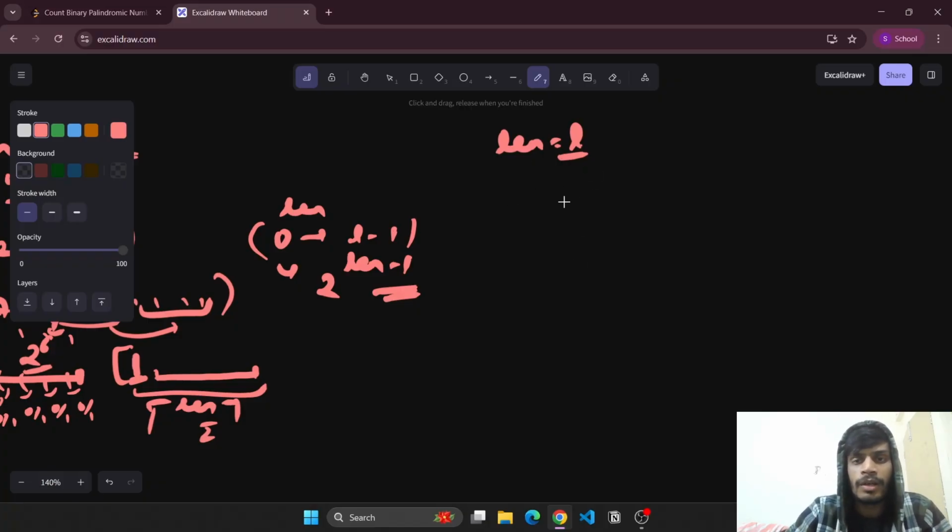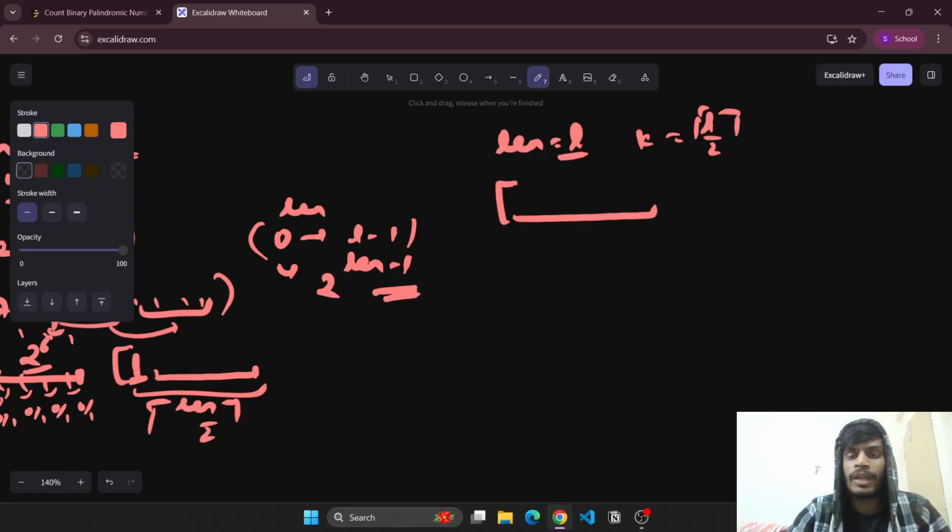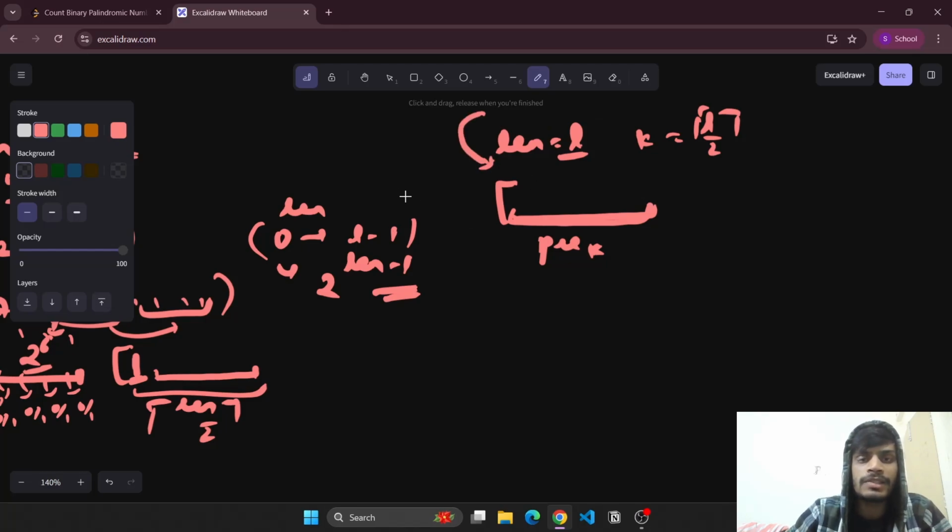Suppose k was L by 2, and we have the prefix till here, this is k, the prefix of length k. If we keep this the same as n, we are trying to find the upper bound that we can get.